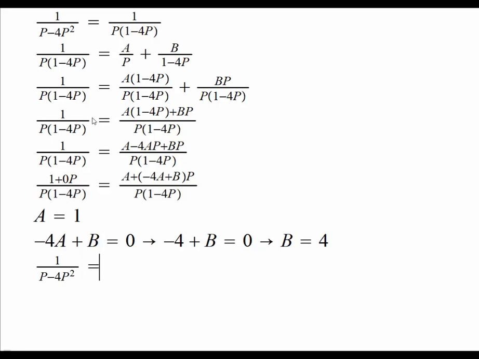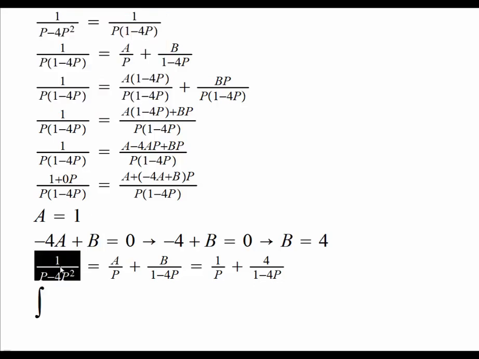Okay, so when we wrote this as A over P plus B over 1 minus 4P, then with these values of A and B, we got 1 over P plus 4 over 1 minus 4P, right? So what you have to obtain is the indefinite integral of this quantity, I'm sorry, dP.